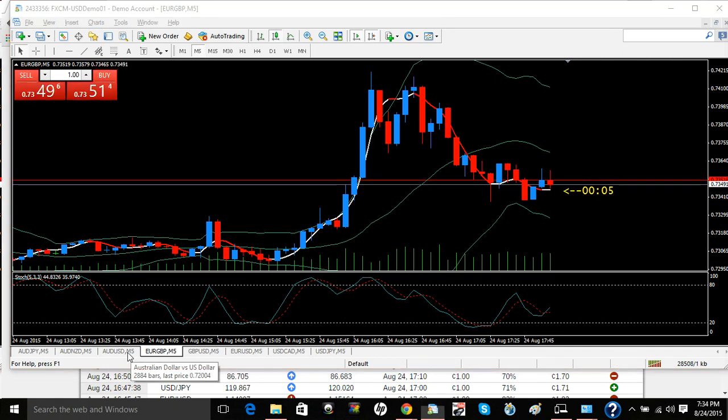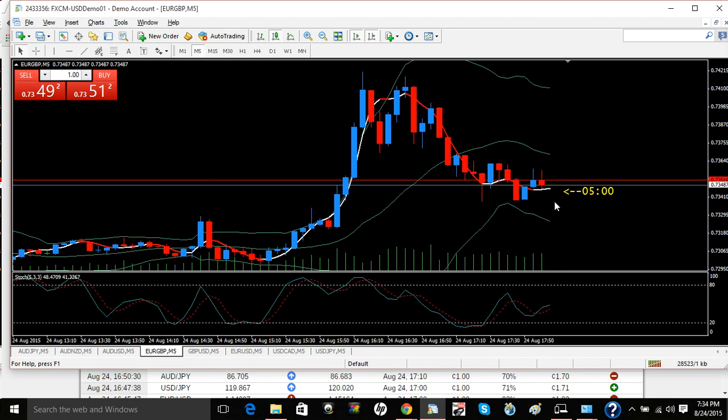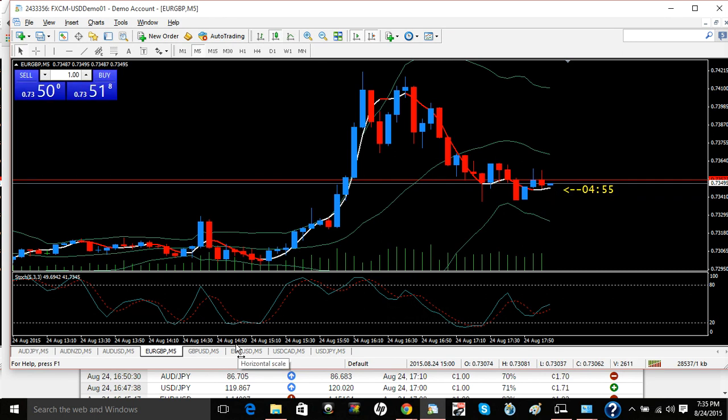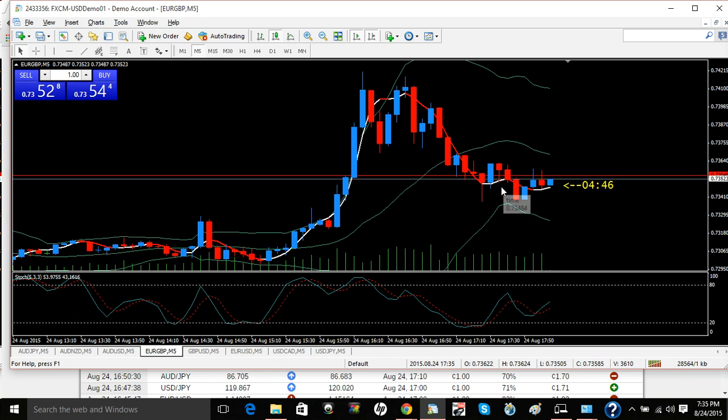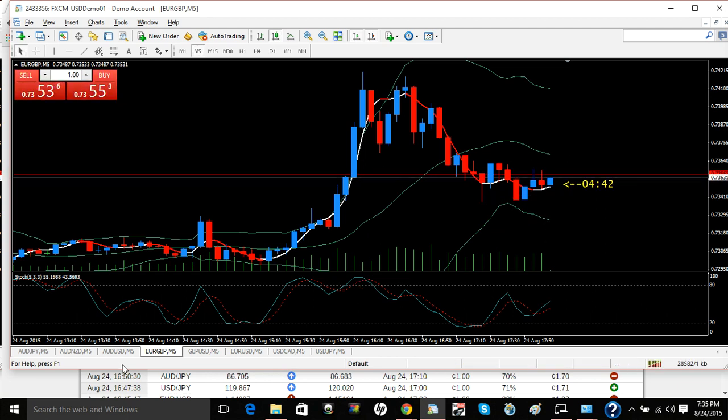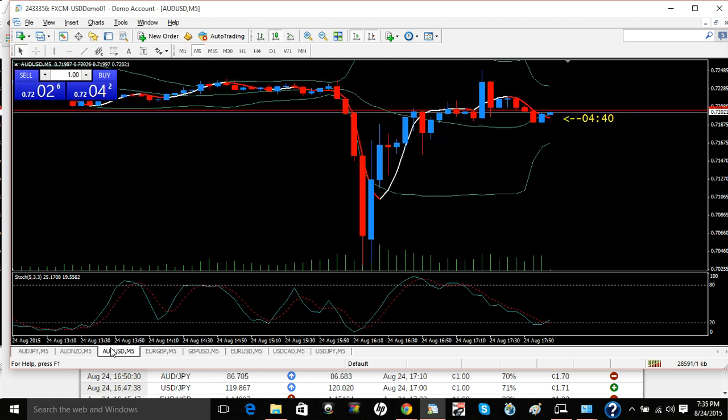Let's see, that candle's about to expire. This one's starting to shoot up too. So it looks like it's starting to form a trend in the upwards direction, but I still would not trade on that. None of these candles had jumped outside the Bollinger Band, so that's kind of a bad time to trade.